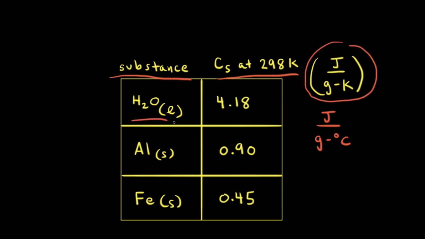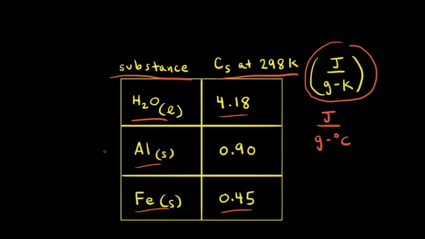For liquid water, the specific heat is 4.18 at 298 Kelvin. For solid aluminum, the specific heat is 0.90. And for solid iron, the specific heat is 0.45 joules per gram Kelvin.